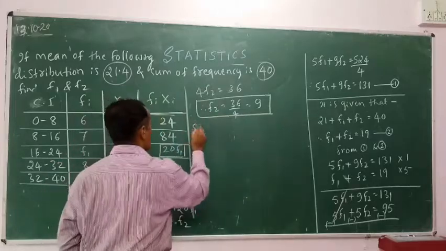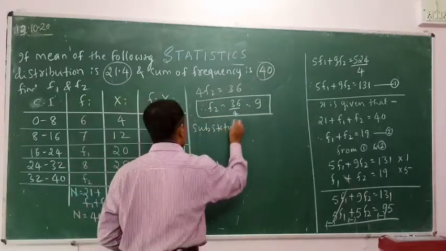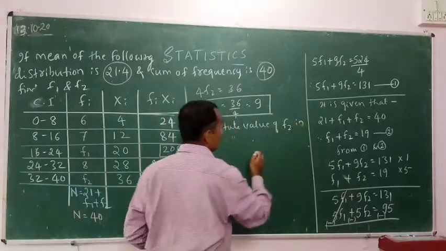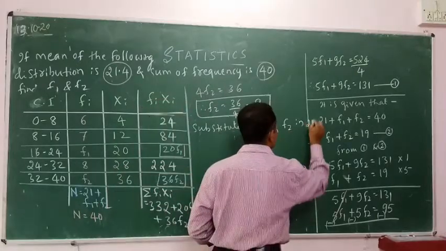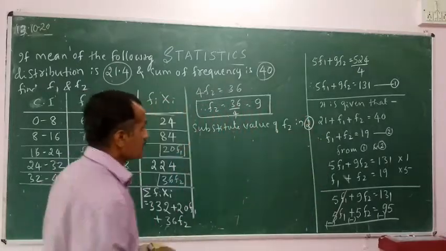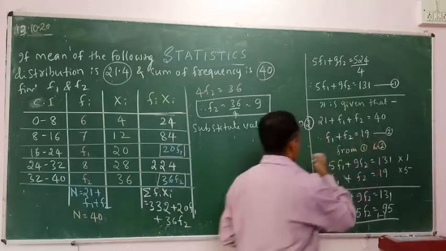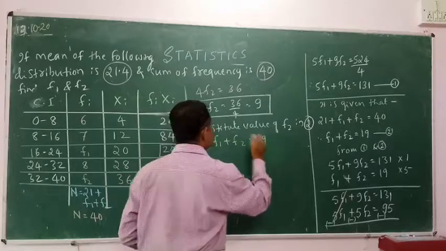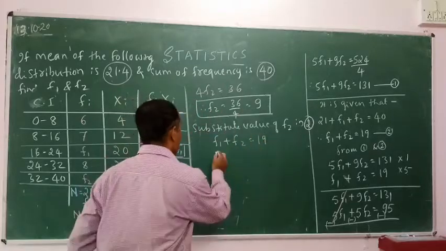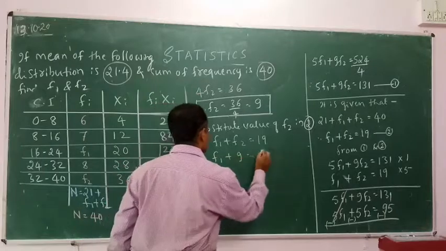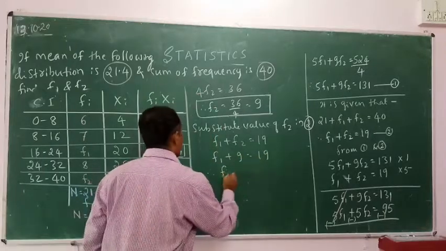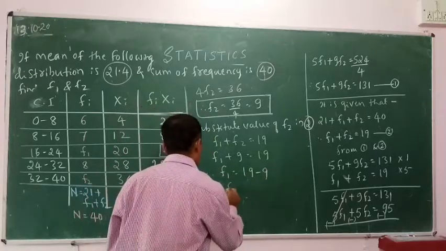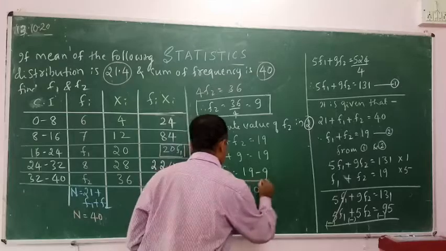Now substitute the value of f2 in equation number 2. Equation 2 says f1 plus f2 is equal to 19, whereas the f2 value is 9. So f1 plus 9 is equal to 19. Therefore, f1 is equal to 19 minus 9. Therefore, f1 is equal to 10 is the answer.